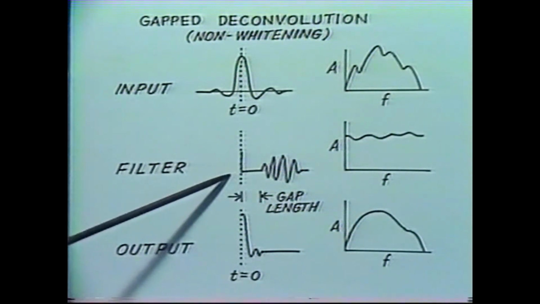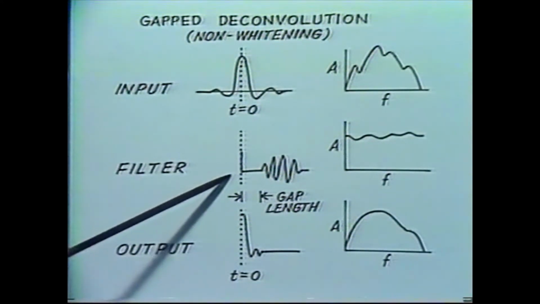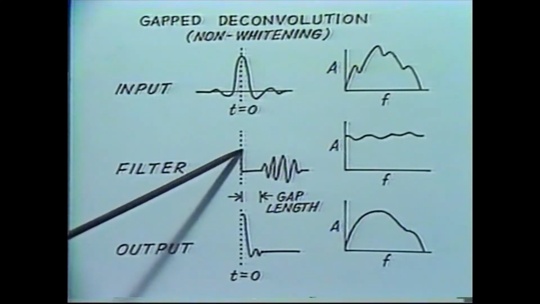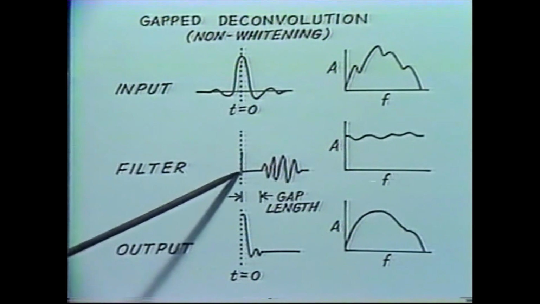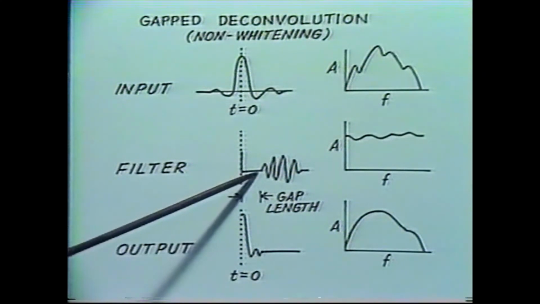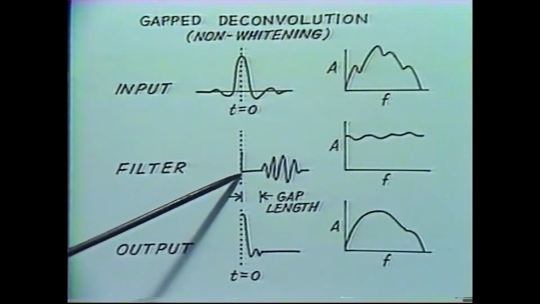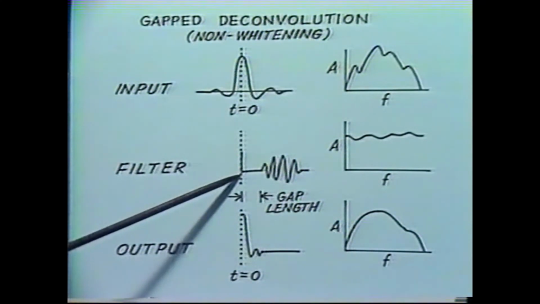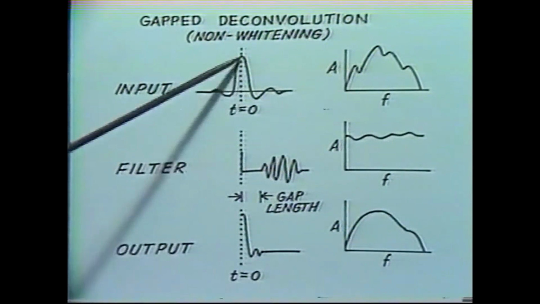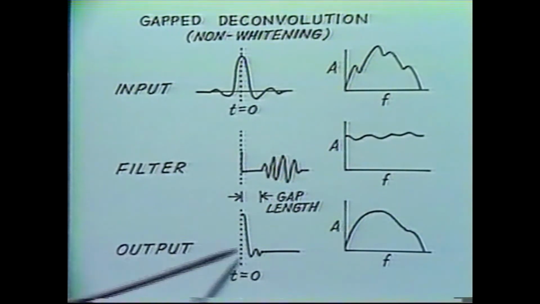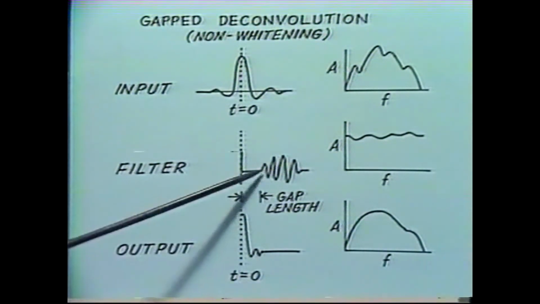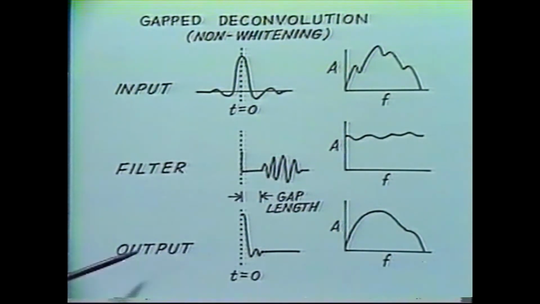For some data, like vibroseis data that's been correlated, it's preferable to get control of the output wavelet length, and we do this by specifying this gap rather than trying to do the impossible and collapse the distorted pulse back to a sharp spike. The output wavelet is not really the first few points in the autocorrelation here, but the information contained within that does determine what sort of wavelet shape we get on output.